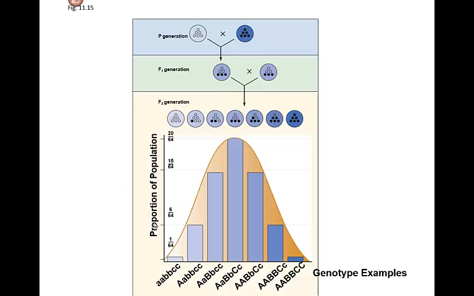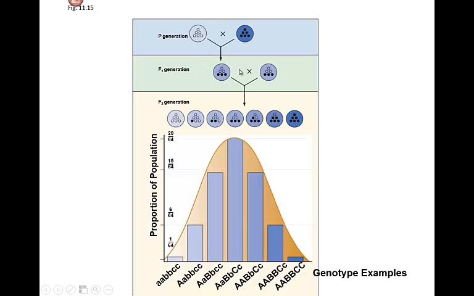When we're looking at something like this, and say this could be potentially skin color, in this parental generation you might have an individual with all different genes for very light skin color, and this particular individual has all different traits for a very dark skin color. So in their F1 generation, when you cross these individuals, they might have sort of a medium skin color.